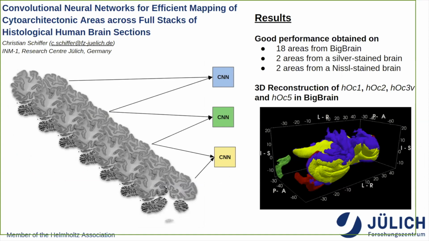In particular, for the BigBrain, we were able to reconstruct 4 areas from the visual system in 3D at 20 micron isotropic resolution. In the future, we plan to use this method to reconstruct even more areas.